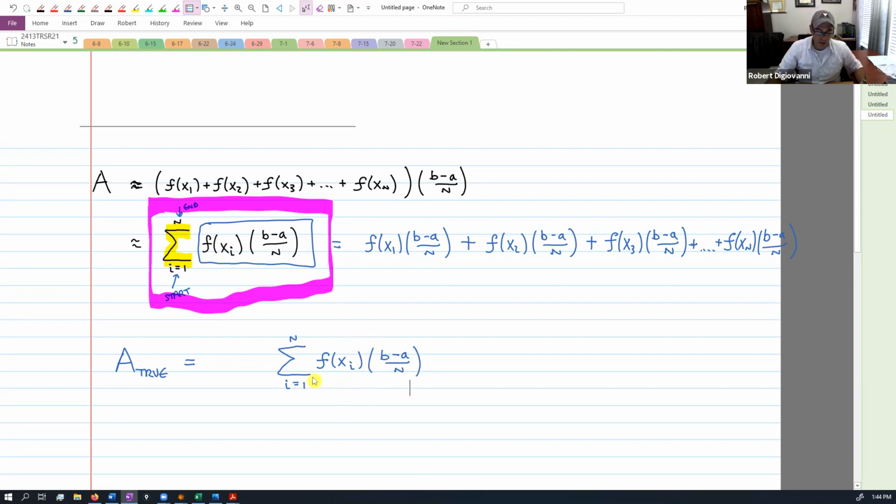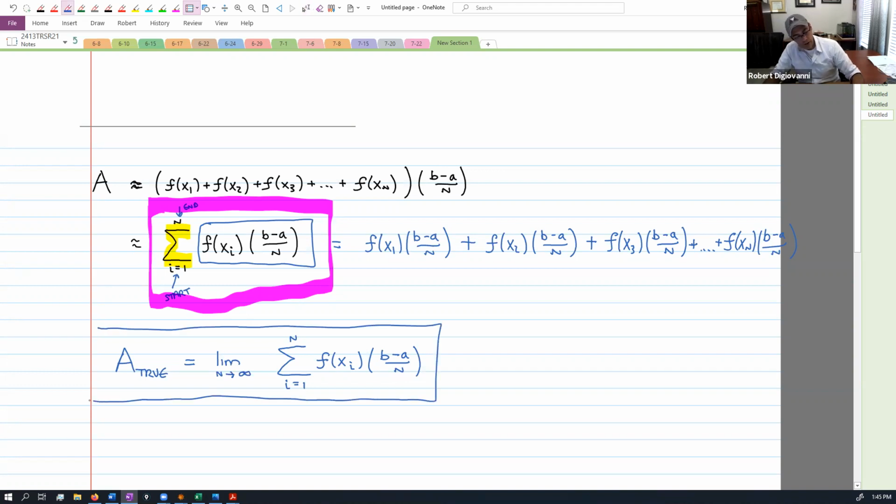This is the formula that gives you the area of n rectangles. And how many rectangles did we want? Infinite. So in front of this, we're going to put the limit as n goes to infinity of this sum. And that is the formula for the true area. If you could actually sit there and add forever, but you can't.